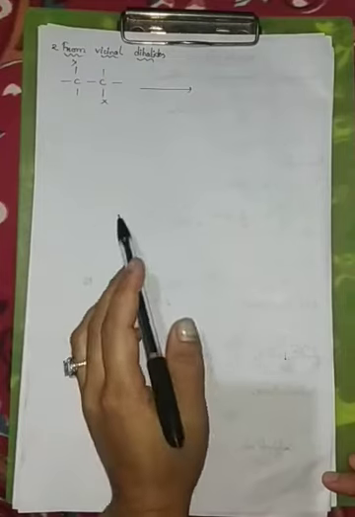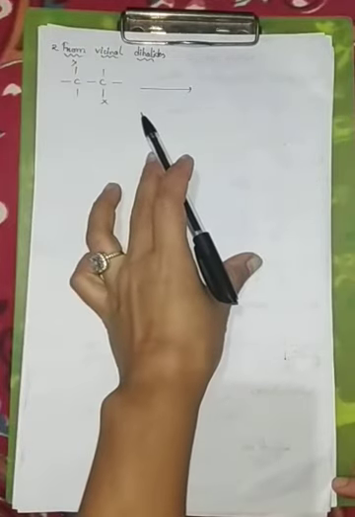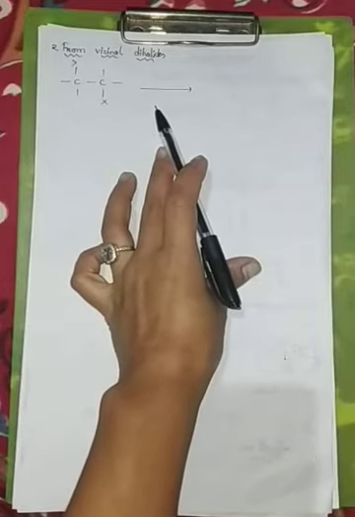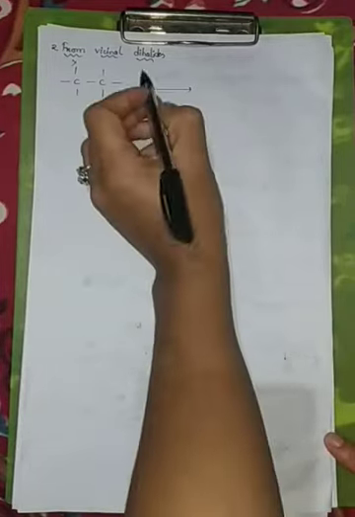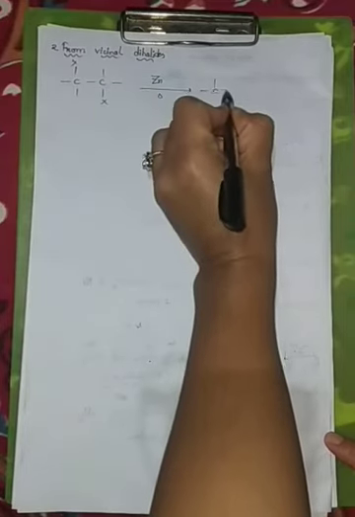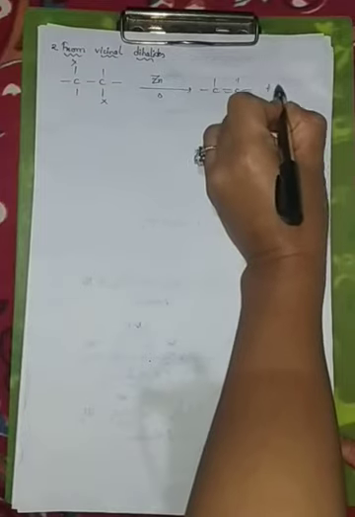Now vicinal dihalides, when they are treated with zinc metal in alcohol, lose a molecule of ZnX2. Therefore zinc metal in alcohol, on heating, gives us an alkene with the removal of ZnX2. This reaction is known as dehalogenation reaction because there is removal of both the halogen atoms.